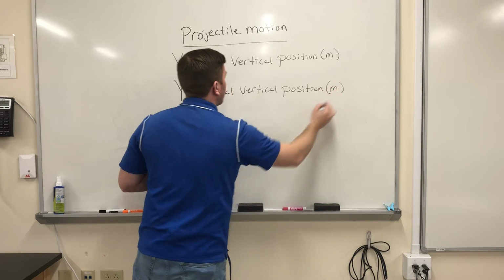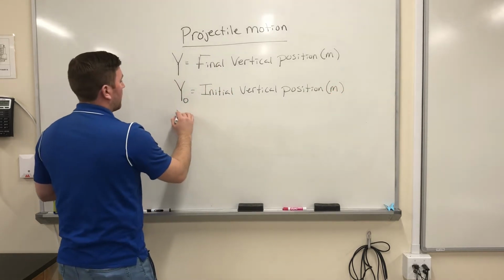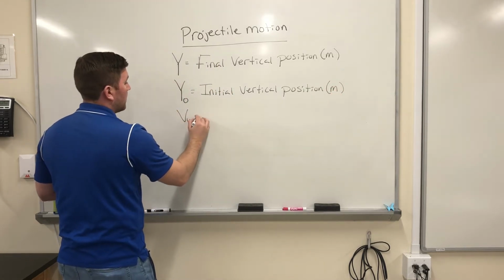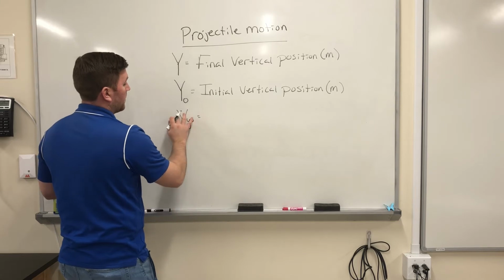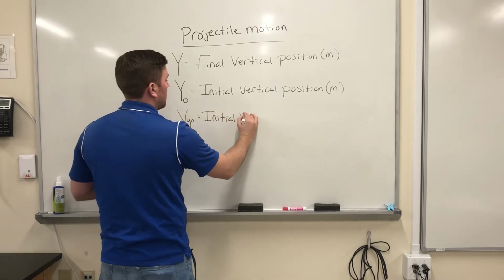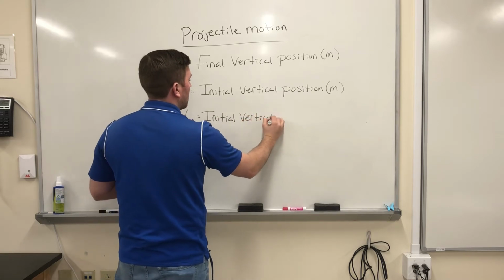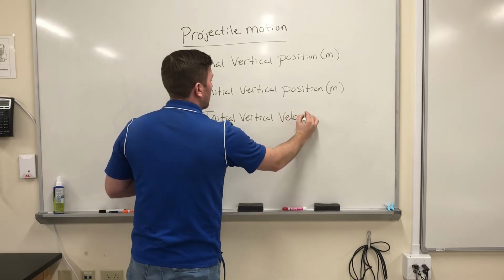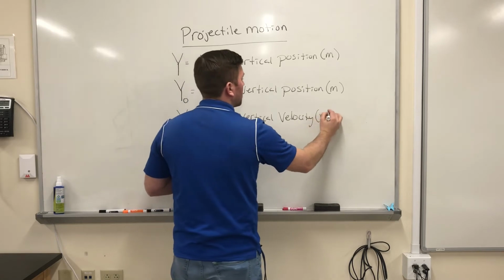If I have VYO, initial vertical velocity, and we measure that in meters per second.